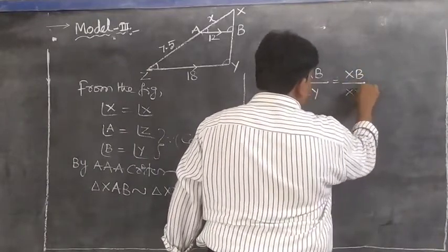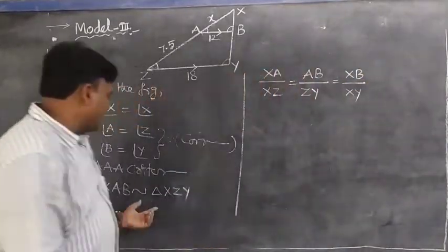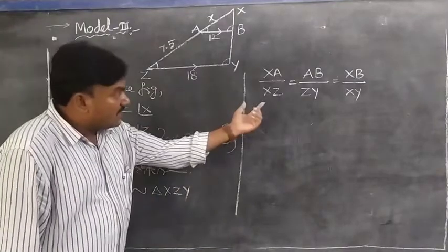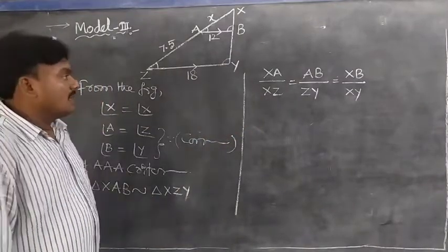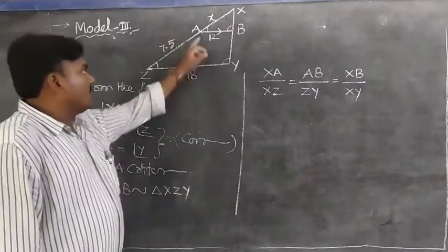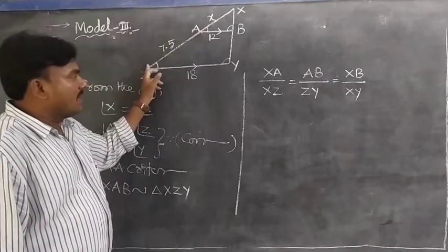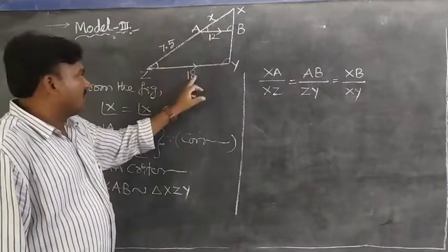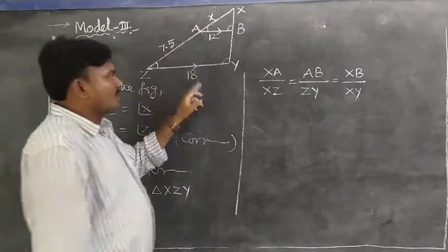Similarity means both triangles have sides in the same ratio. We know the XA value along with the XZ value, and the AB value along with the ZY value. So no need to take the third.